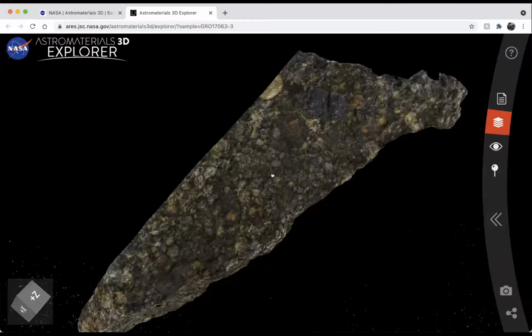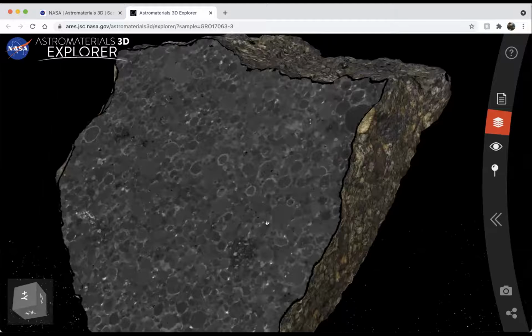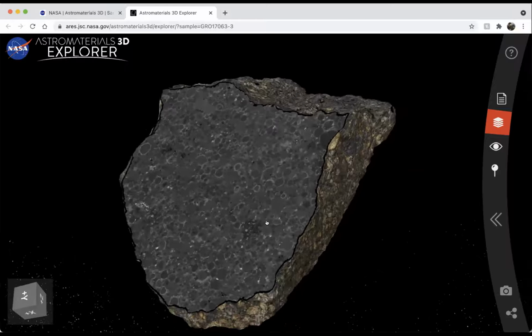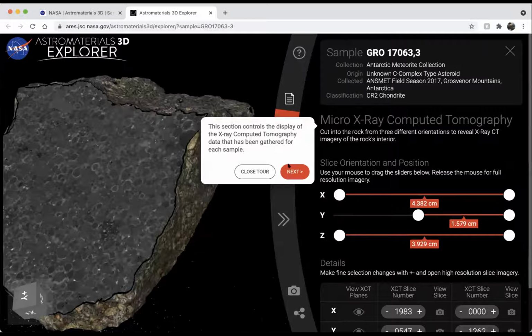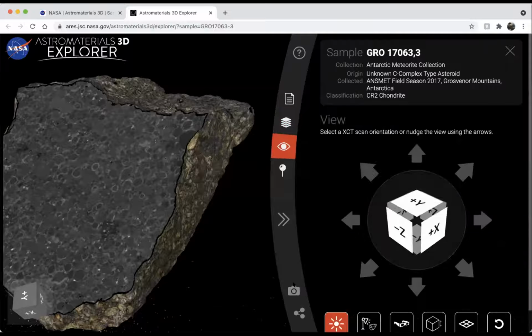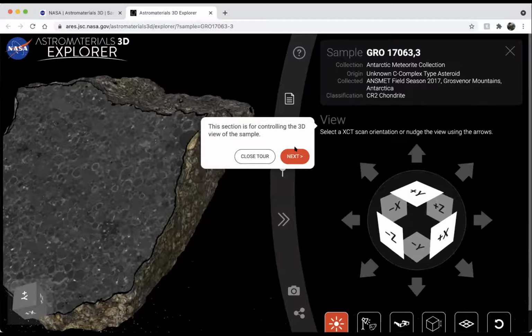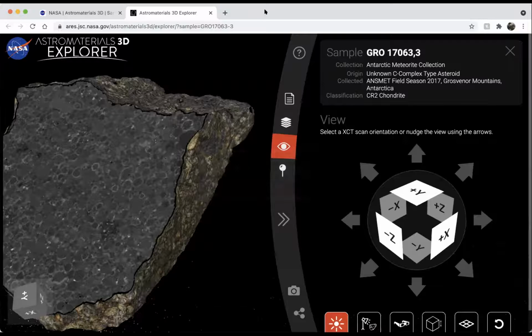And I hope that you will come back to the site and explore all the samples that we have in the Astromaterials3D Explorer currently. I will let you know too, if you come back and you get stuck, we have a little tool here, which is basically a little tour. And so you can take the tour to get a sense of how to use this whole section. And that can help guide you as you learn about everything that we've included.